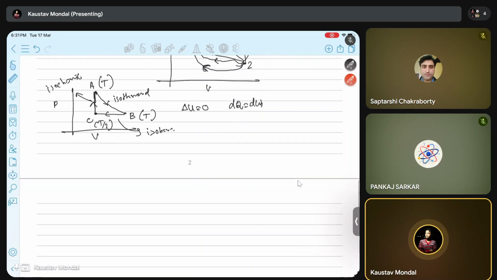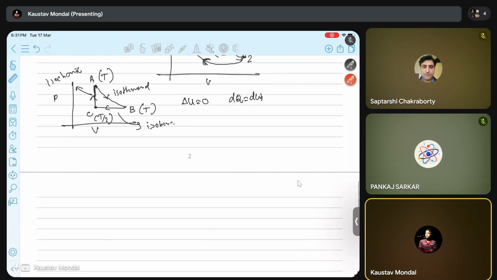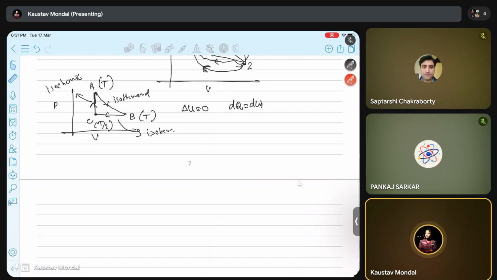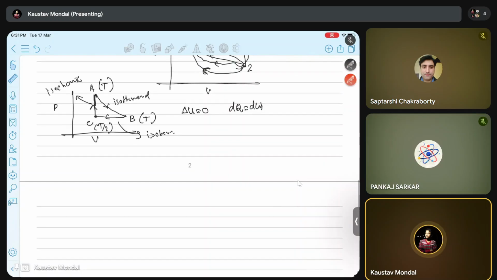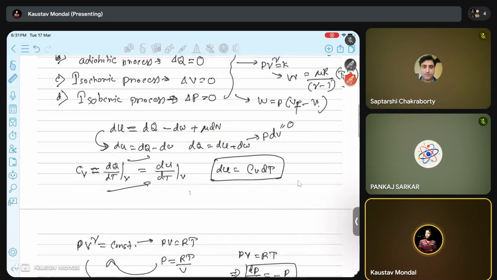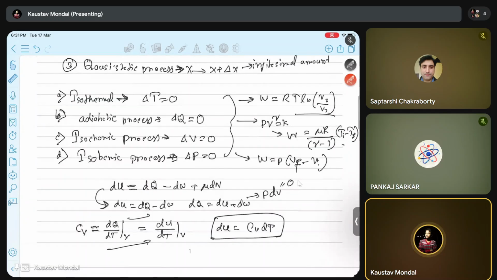So if we want to calculate the work done by the system, we simply have to calculate the heat exchange. So heat exchange you can easily calculate, right? For dQ AB, we know for an isothermal process the work done is simply this relation, right?